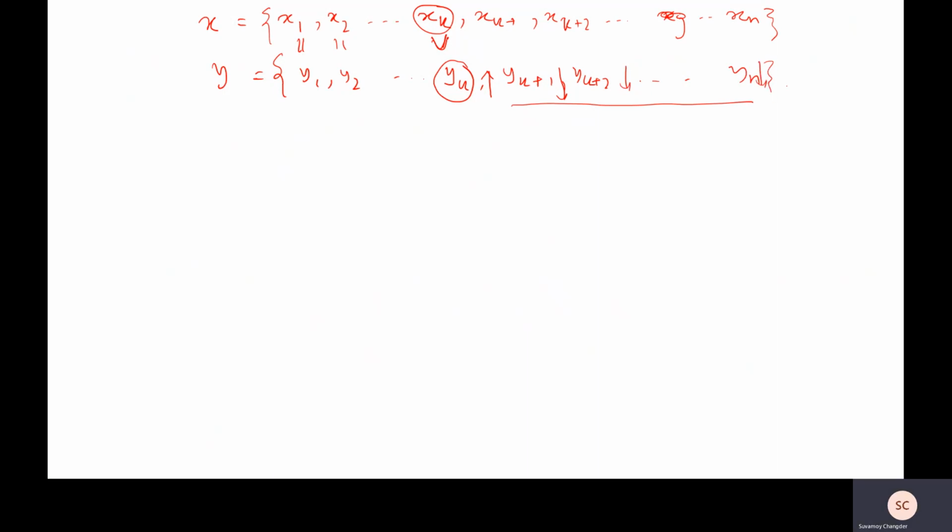So if we are applying a method where yk will be increased to xk, and we will decrease the values of yk plus 1 to yn, such that the total capacity of the knapsack remains the same, and let the new solution be z. So we are saying that z1, z2 up to zk and zk plus 1, zk plus 2, dot dot zn is the new solution.